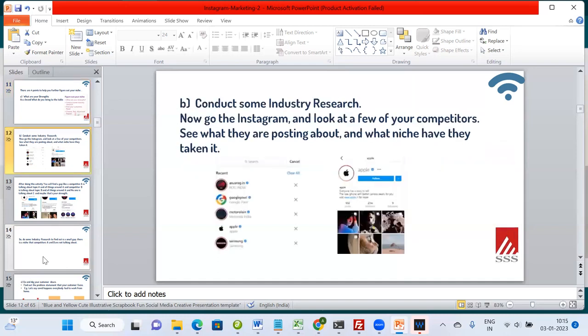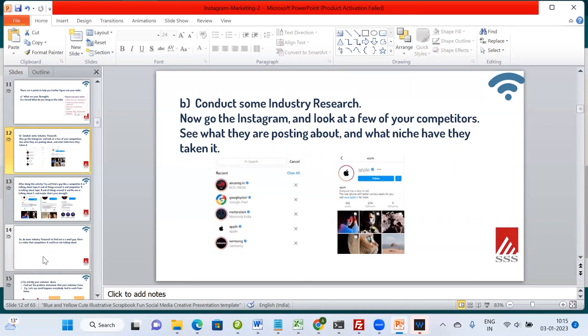Now, the second thing is to conduct some industry research. Go on Instagram, look at a few of your competitors, see what they're posting about and what niche they have taken. We'll try to find out the other Instagram pages related to our business and online Android app development. We'll see what others are doing, what they are posting, how many followers there are.